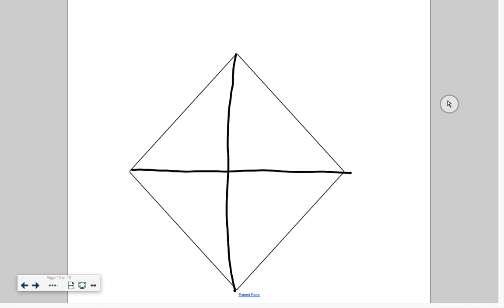We have this one. So this is 6.5 feet, and this is 2.5 feet. Now, because all sides are equal, that means this is 6.5 feet, this one is 6.5 feet, and this is 6.5 feet.